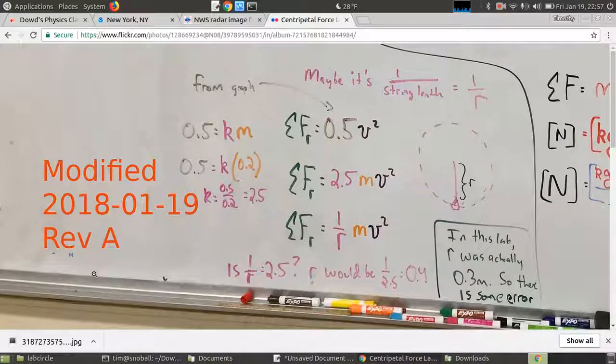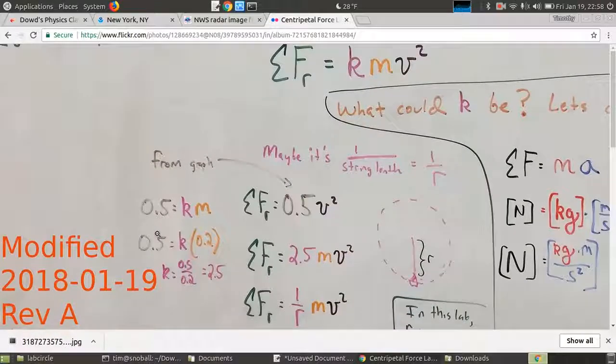Guessing that the only relevant distance was the length of the string, we're going to see if our experimental data fits this idea that the constant k could be 1 over the length of the string. On the quadratic graph that we saw before, we had sigma F equals some number times v squared, and just from the graph that number is 0.5. So 0.5, if we go by that sigma F equation up top there, has to equal km.